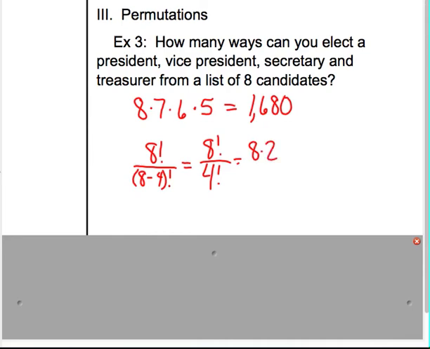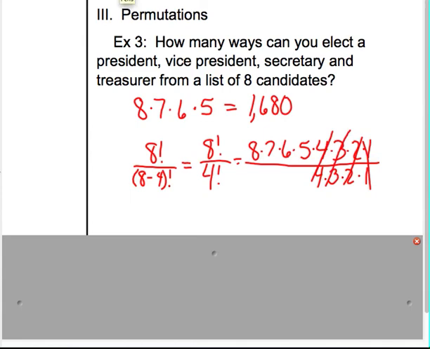If I wrote this all out, sorry, that should be a 7. Get rid of that real quick. Over the 4 factorial would be 4 times 3 times 2 times 1, and those would all cancel with the numbers in the numerator, and we would be left with what we were looking at over here.